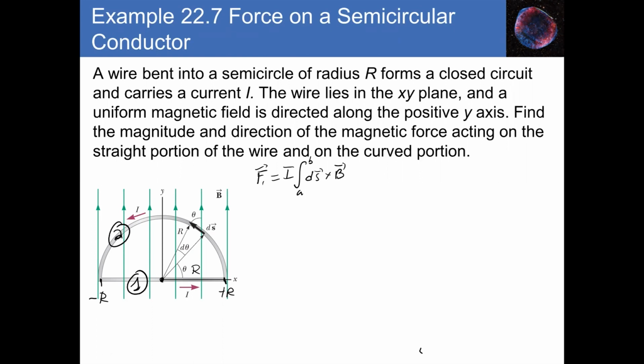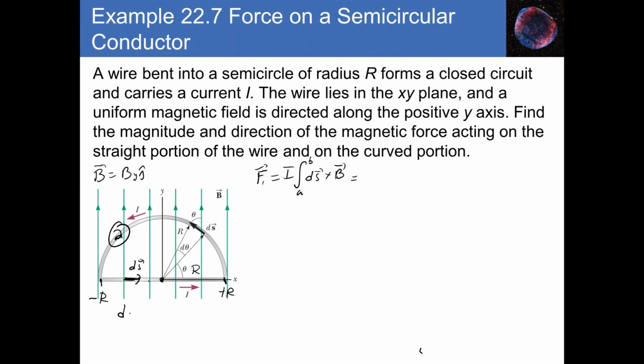Okay, so what I have here is the magnetic field, and the magnetic field is B j hat, right? Magnetic field is B j hat. And let's say any small element that I choose, so let me do it kind of here, right? Any small element that I choose, so this is, let's say, my ds.